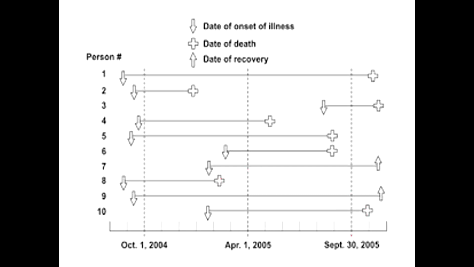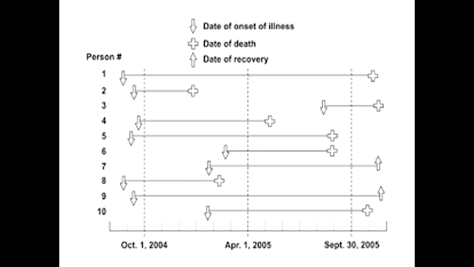So going towards the 30th of September, the point prevalence will be indicated by case number 1, case number 7, case number 9, and case number 10. And I'm sorry, I forgot to mention that case number 1 is also present on April 1, 2005. So point prevalence will indicate the total number of old and new cases at that particular time.